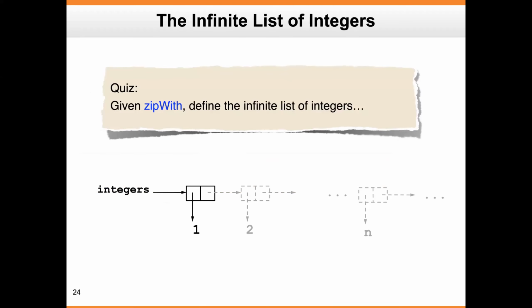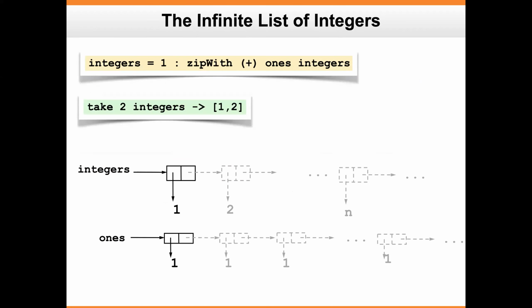I can use this function now to define the infinite list of integers. So here is one definition. Integers are defined as the list that starts with 1 and has a rest part, which is defined by applying zip with the parameters, the plus operator as the function, and the two lists 1 and integers.